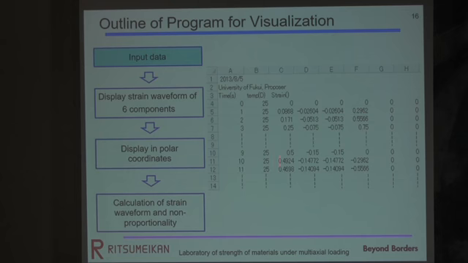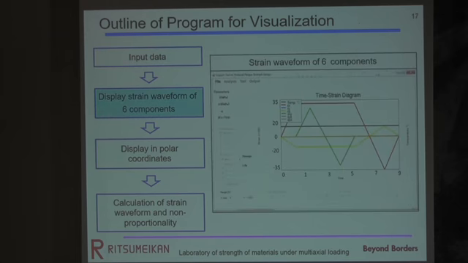And this one is the strain condition. This one is x-axis strain, y-axis strain and z-axis strain. And this one is gamma xy, gamma yz, gamma zx. So when this data is input to the program, the strain waveform of six components is displayed.